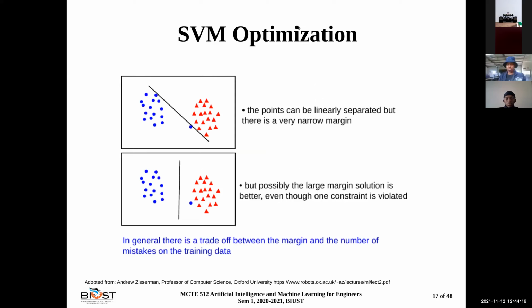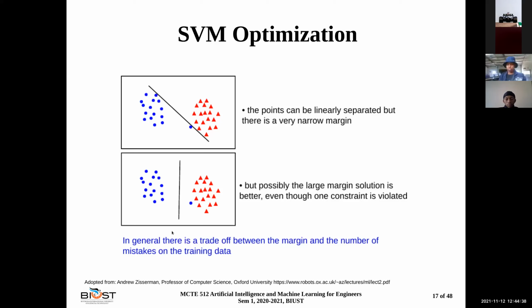In this case, there are some optimization considerations. For example, here everything is correctly classified, but not really a very big margin in terms of the support vectors from the blue and the red triangles.